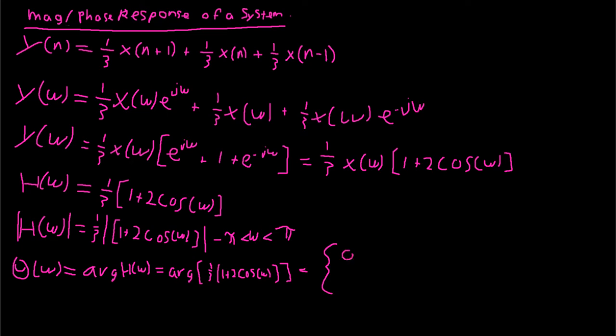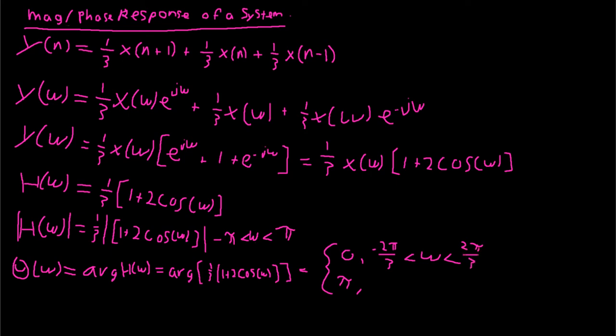It's going to be 0 or it's going to be pi. It's going to be 0 when our w is between negative 2 pi over 3 and 2 pi over 3.